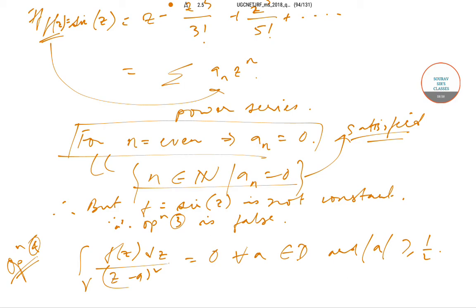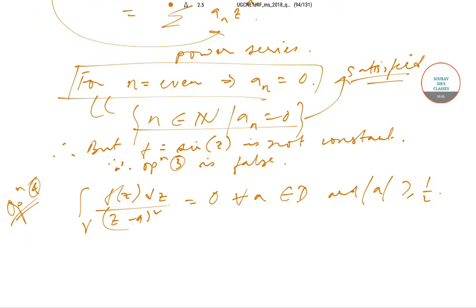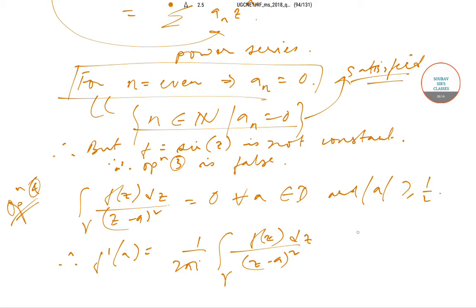So therefore if such a condition exists, then we can find f dash of a equal to 1 by 2 pi i times the integration over gamma of f(z) dz by (z minus a) whole square, and we know that this is equal to 0 when mod of a is greater than or equal to half.